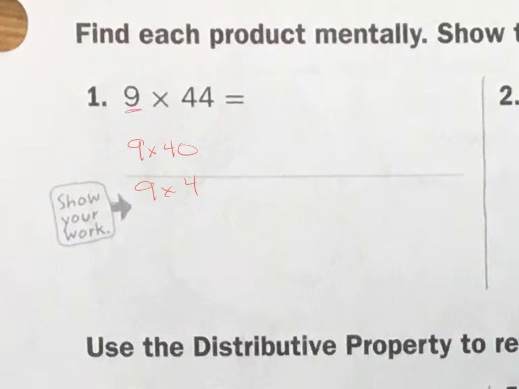So I'm taking this 9, multiplying it by how many tens there are, and 9 by how many in the ones place. 9 times 40, I know 9 times 4 is 36, and I add my 0, so it's 360. 9 times 4 is 36, and I can put 360 together with 36. It's 396. And it's so much easier than doing 9 times 44. Did it kind of mentally.